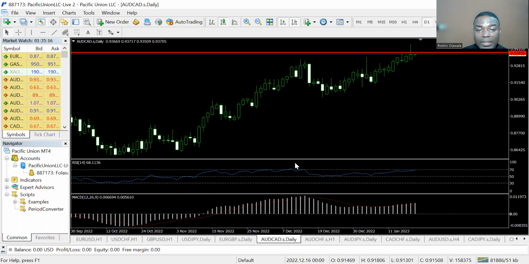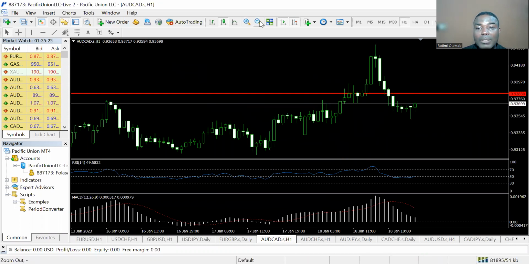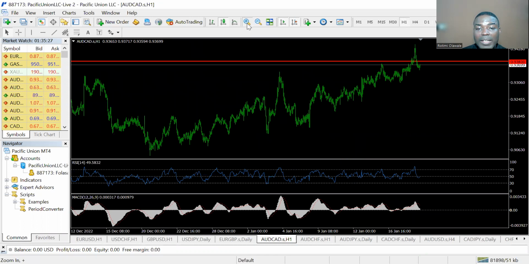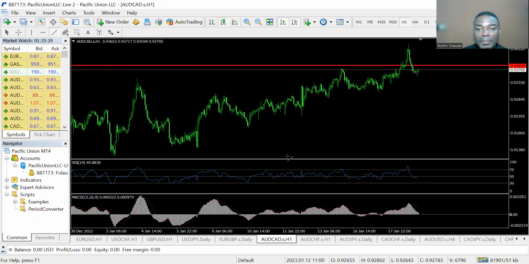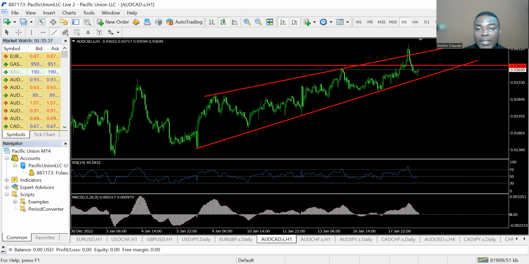So you can put the pending order below the shadow, below the small real body of yesterday's candle, or you can come down to a lower time frame like 1 hour to get a very good entry. If you're coming down to 1 hour, you can draw a trend line this way and complete it at the other side here, forming a rising wedge.